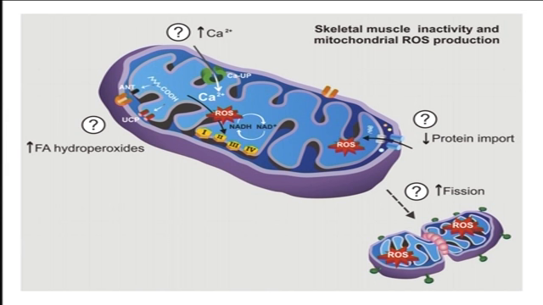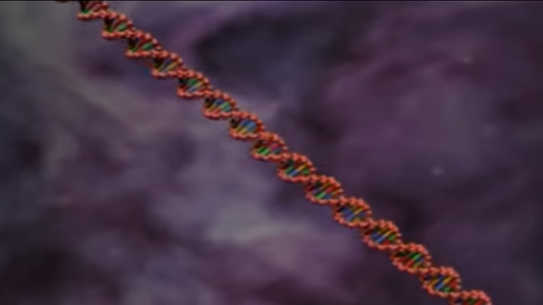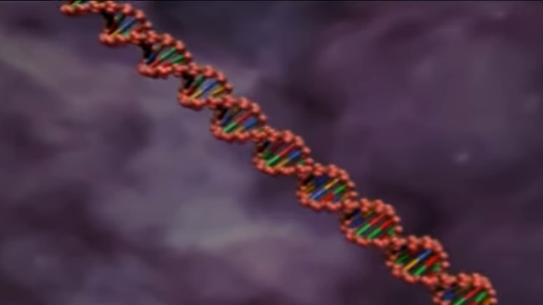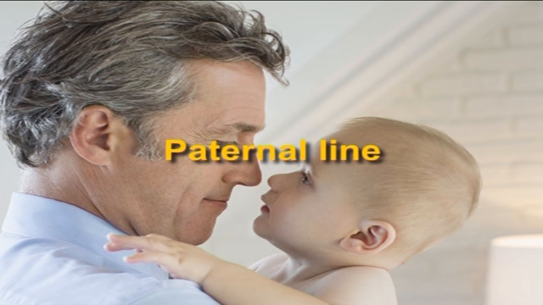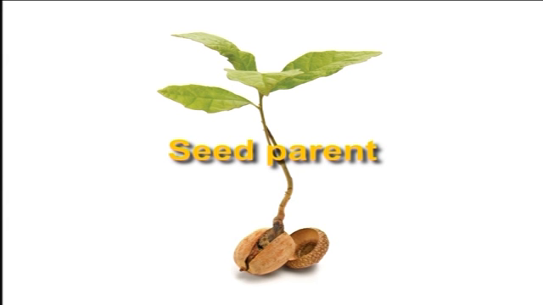The genetic markers utilized are often uniparentally inherited, such as mitochondrial or chloroplast DNA sequences, and as such they track the genealogical history of either the maternal or paternal line. In plants, this is the pollen or seed parent.